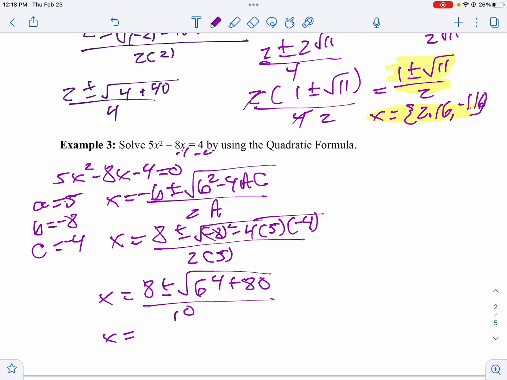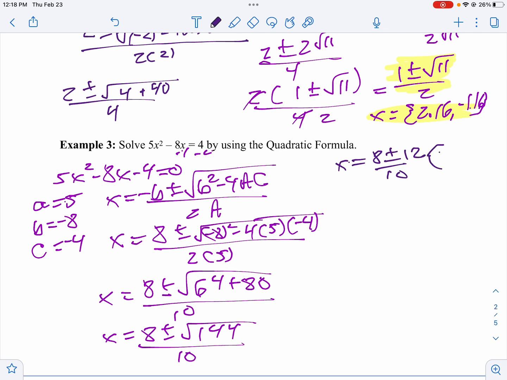Simplify that a little bit more. I go 8 plus or minus the square root of 80 plus 64. Oh, look how nice that is. 144 all over 10. So then I'll get x to be 8 plus or minus 12 all over 10. Then I'll do it twice. 8 plus 12 is 20 divided by 10.